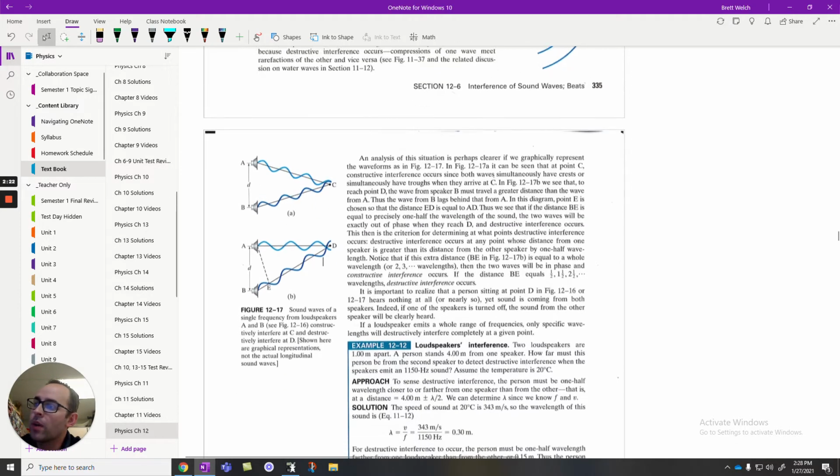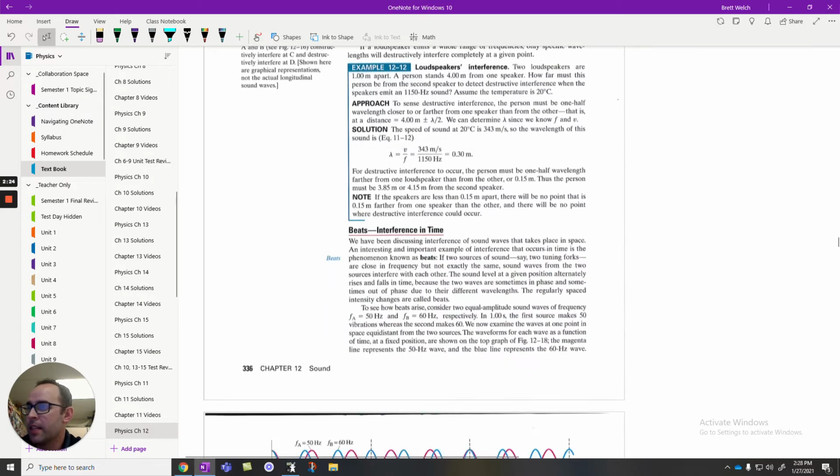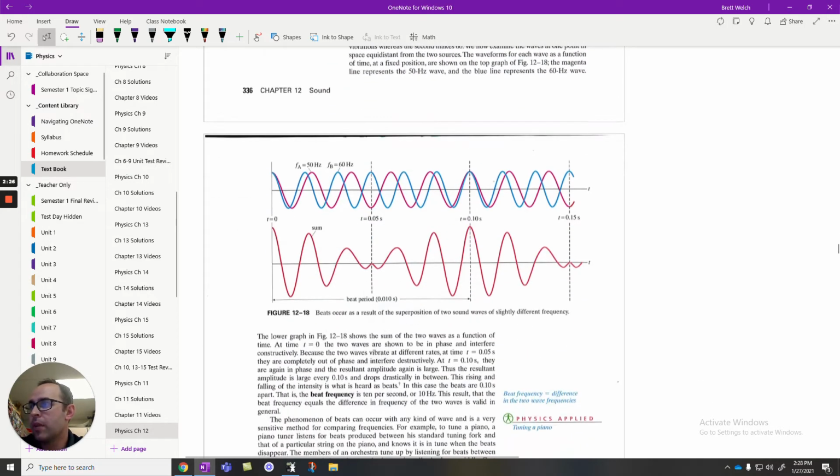But what's actually kind of cool is that if we play two sounds that are fairly close together in frequency, every now and then the two sounds cancel out and we get no noise, and every now and then they hit peaks together and we hear a lot of noise.